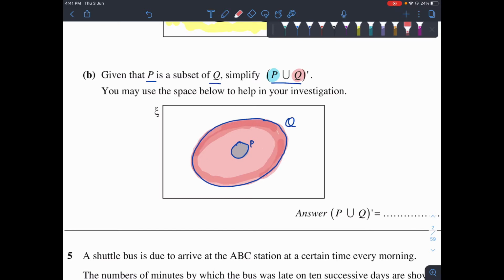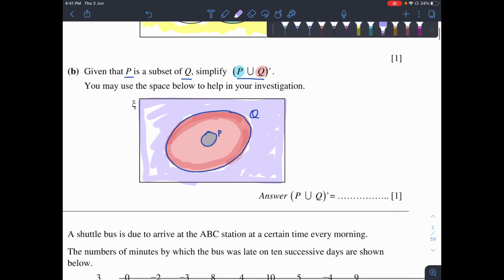So (P union Q) prime would be this area shaded in purple, this entire area, because it is outside of P union Q. After you see that this is the area, you can see that actually (P union Q) prime is the same as Q prime, because it is basically the space outside of the area of Q.